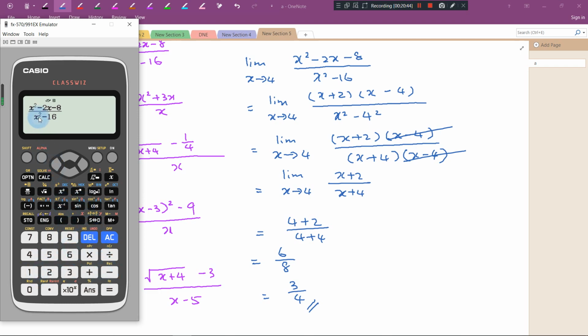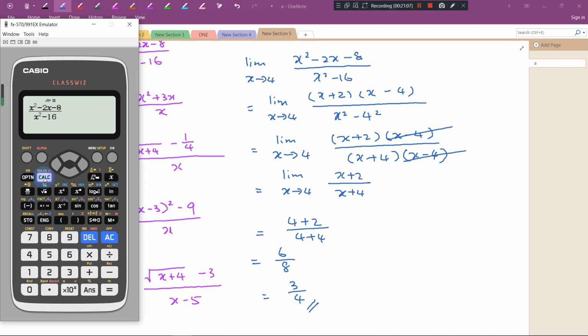Okay, make sure we key in correctly. Okay, then you press calculate. So your calculator will ask you what's the value of x that you want to use. If you plug in 4, you cannot get the answer. You get math error, right?